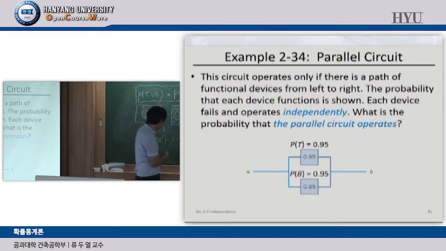And what is the probability of T prime? That is 1 minus 0.95, that is 0.05. Multiplied by, what is the probability of B prime? That is also 1 minus 0.95, that is 0.05, right?